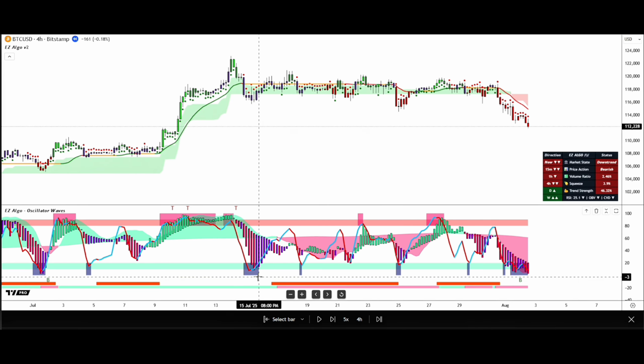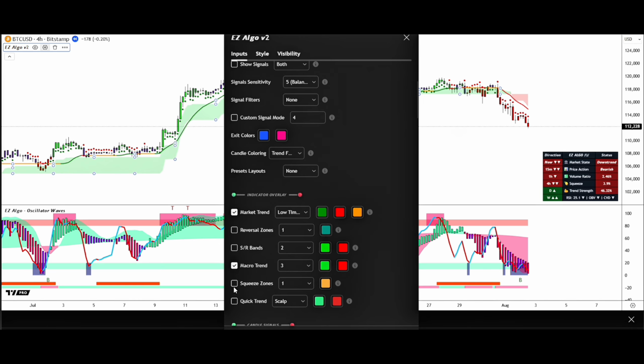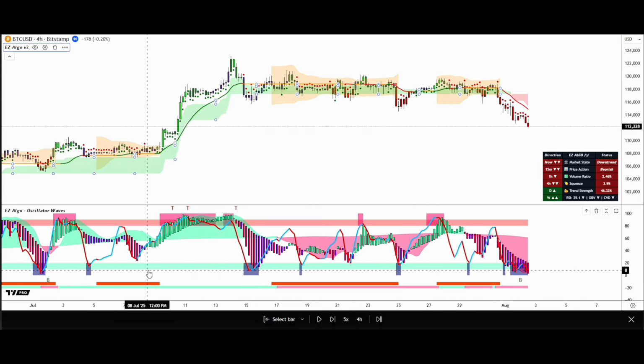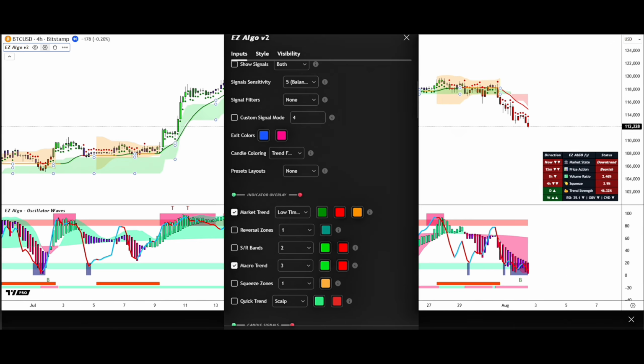Now, if you notice these orange bars right here, all that is just highlighting our squeeze zones, telling us that the price is being squeezed. And if we go into V2 as well, we turn on our squeeze zones, it's going to match with these orange bars. So this is just a different way that you can visualize on the oscillator periods when price is in that tighter range.